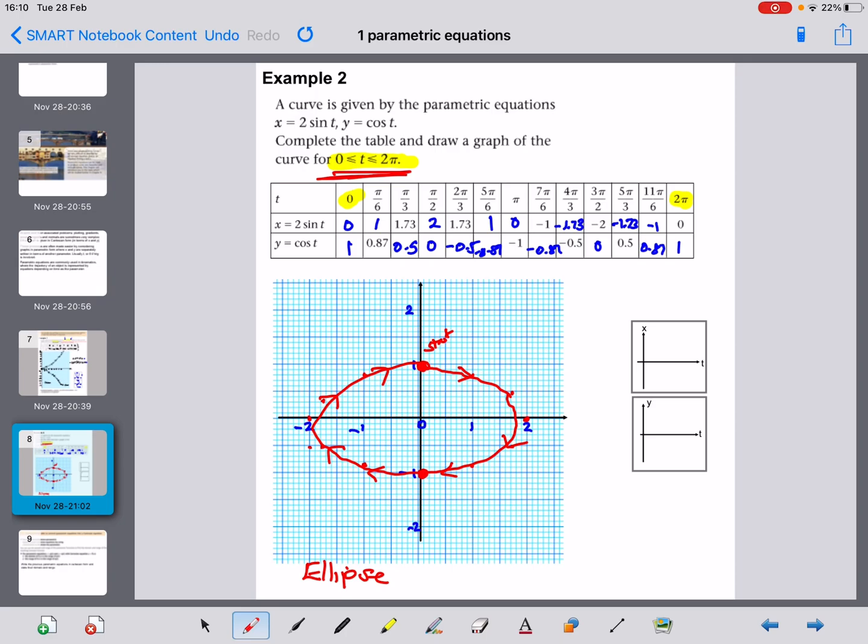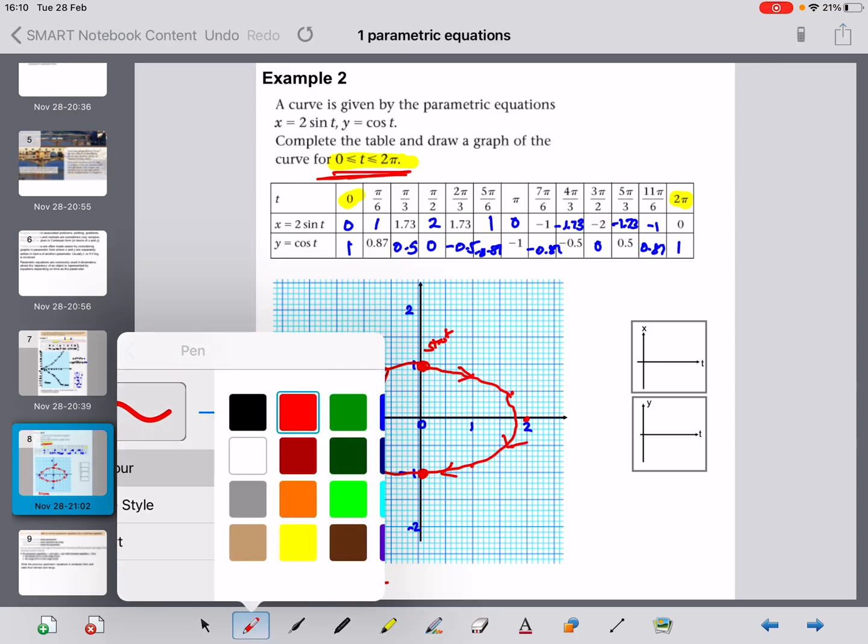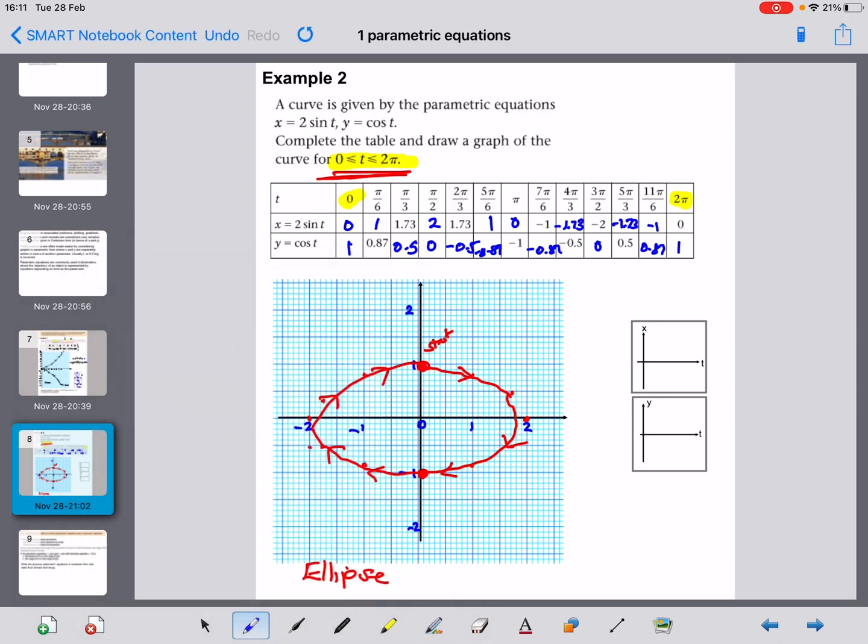Now again, we can consider the domain and the range of the original graph. The domain is the set of possible x values, so that's -2 to 2. And the range, which is the set of possible y values, is -1 to 1. And again, we can consider the separate parametric equations.